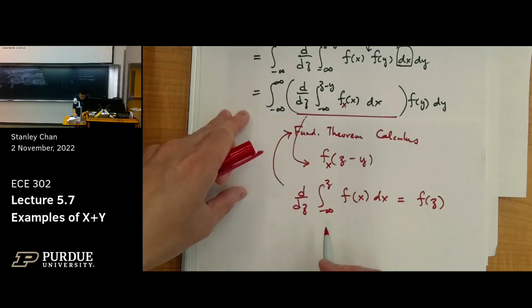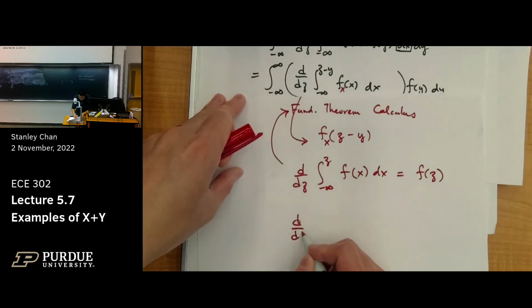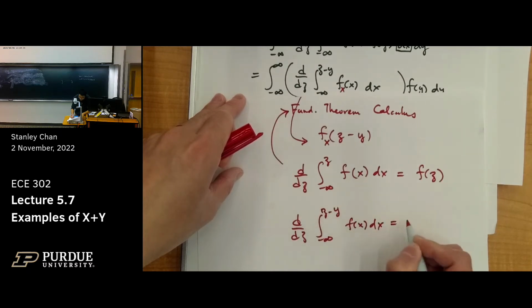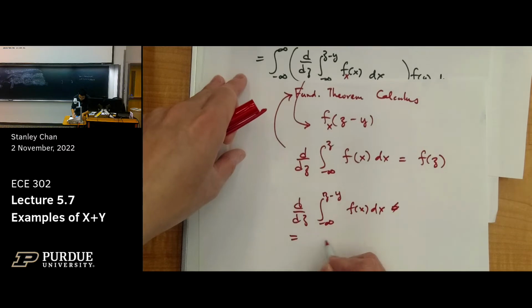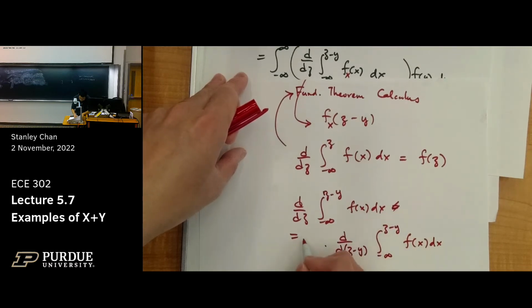Now, if I have something else, I have d/dz of the integral from minus infinity to z minus y of f(x) dx. That can be written using the chain rule. So you have d of z minus y, and then you do this, the integral up to z minus y of f(x) dx, times d of z minus y over dz.